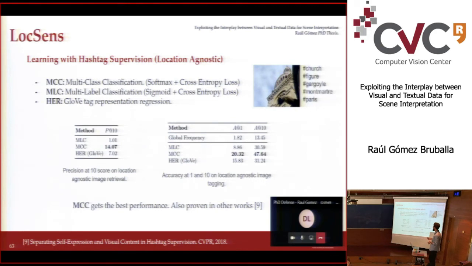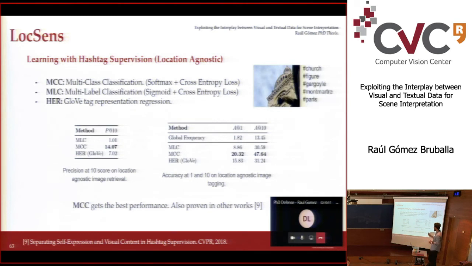The second setup, multi-label classification, sets each tag as an independent classification problem with a sigmoid activation and a cross-entropy loss. And the third one, which is similar to the one I was using in the second chapter, is a hashtag embedding regression, where we are going to train a network to regress its associated tag GloVe embedding.